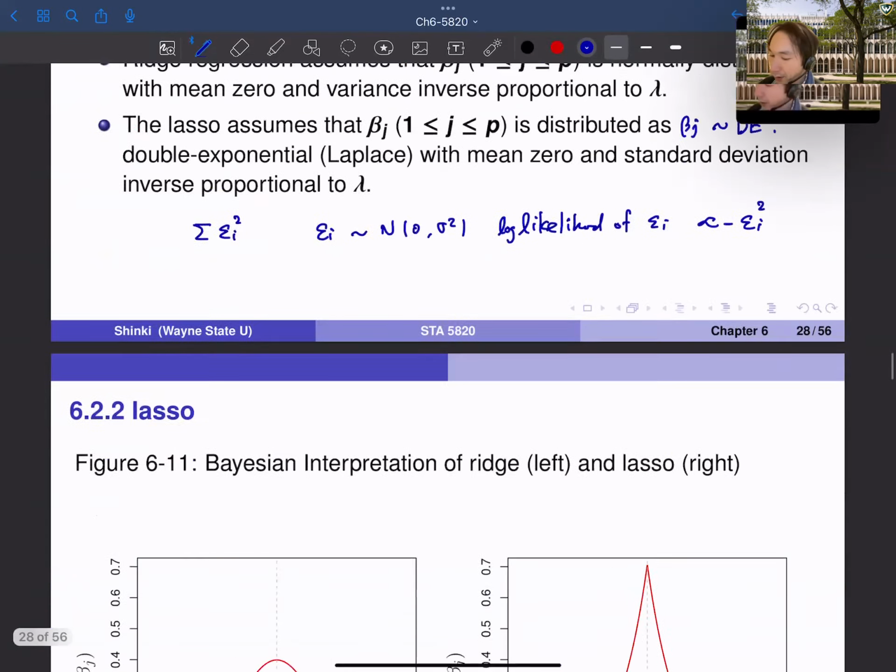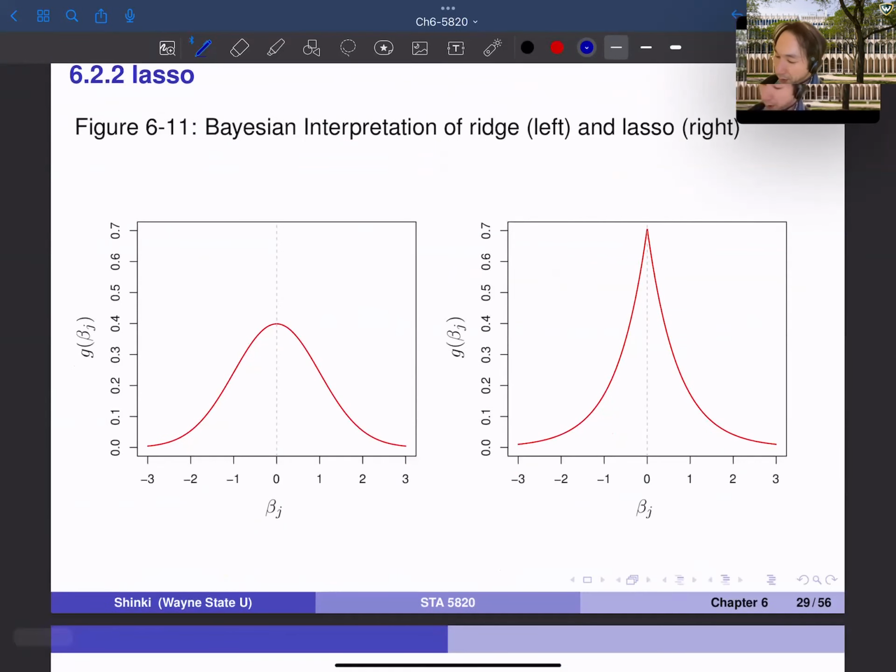To be exact, we assume the prior distribution of beta j is this. This is for ridge regression, and this is for lasso. In ridge regression, beta just follows a normal distribution.